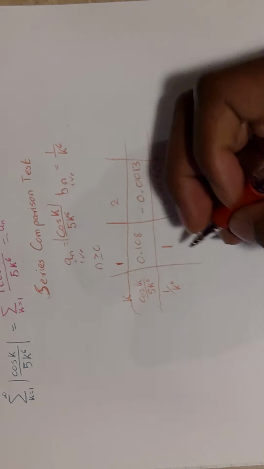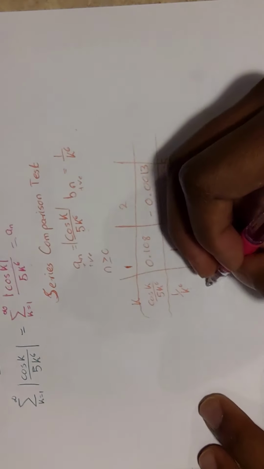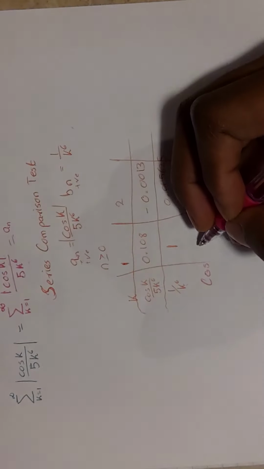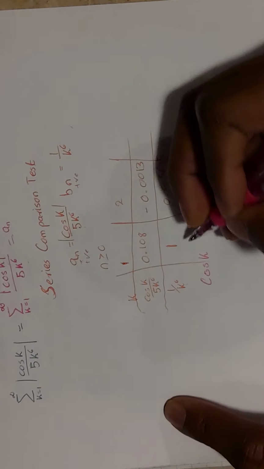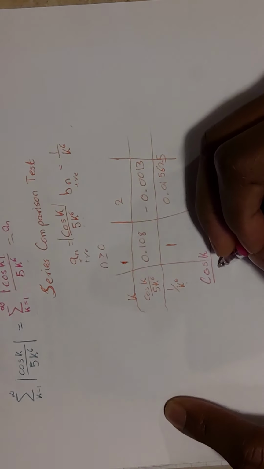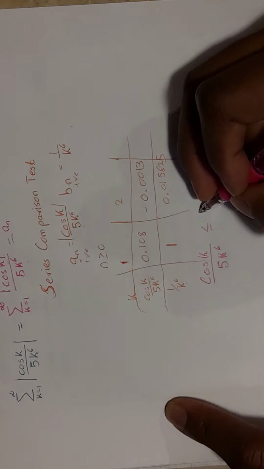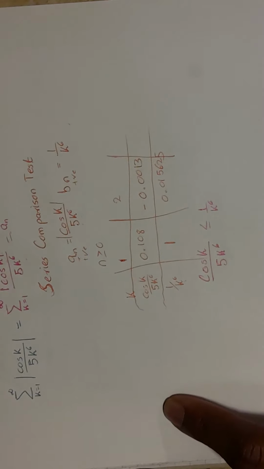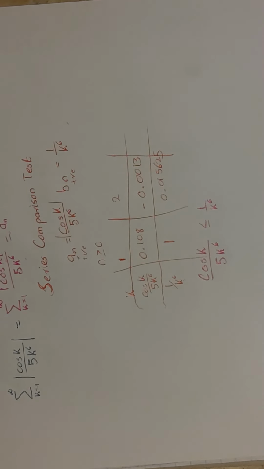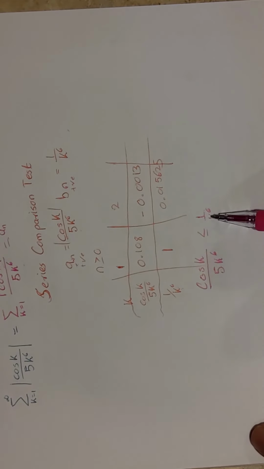So therefore, we have cosine k over 5k to the 6th less than or equal to 1 over k to the 6th, right? So we can establish that whatever the fate is of 1 over k to the 6th is pretty much going to be the same for here.